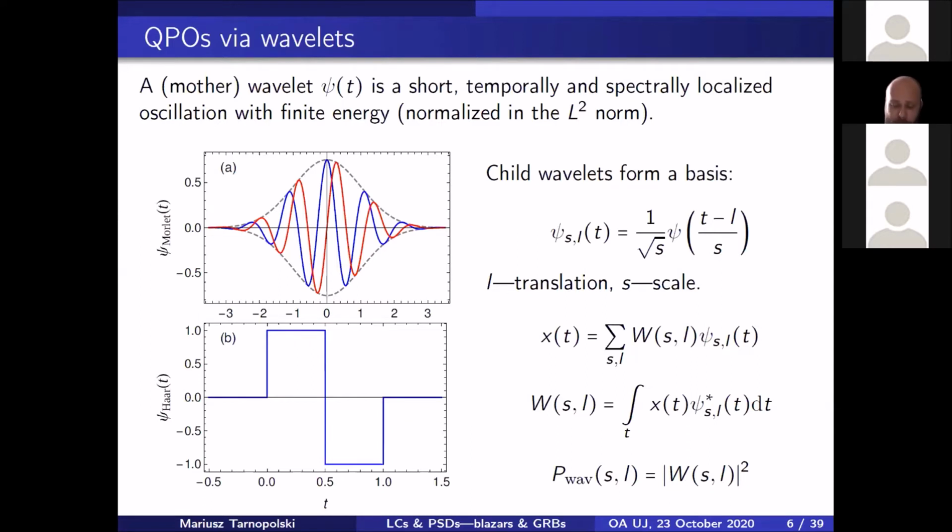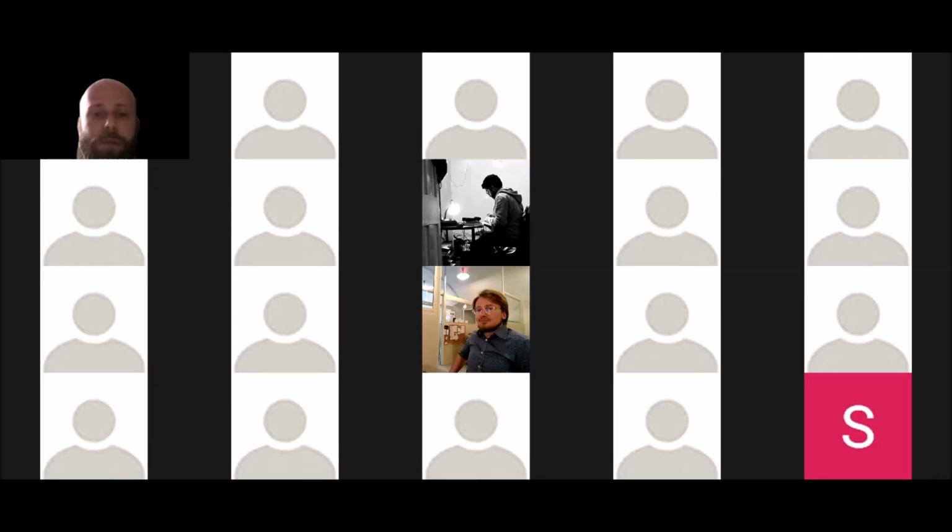So the wavelet coefficients are obtained as an L-squared scalar product of the basis with the signal in the usual way. And then finally, the power in the so-called wavelet scalogram is obtained also as a squared modulus of the coefficients. And let me again switch to another demonstration.